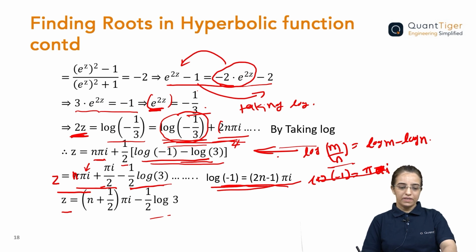So after from this first two terms, what we can do, n plus 1/2 pi i मैंने कॉमन निकाला है जो यहाँ पे आ जाएगा, and the second term will be as it is minus 1/2 log 3. So this is how we have simplified the given hyperbolic function, and we have found the roots of that given hyperbolic function.